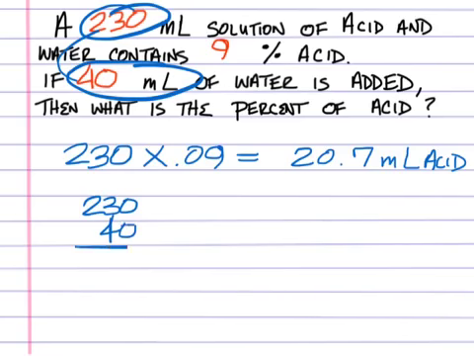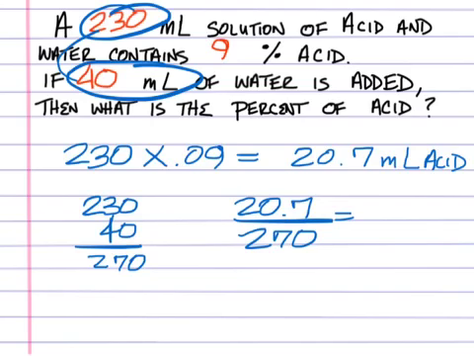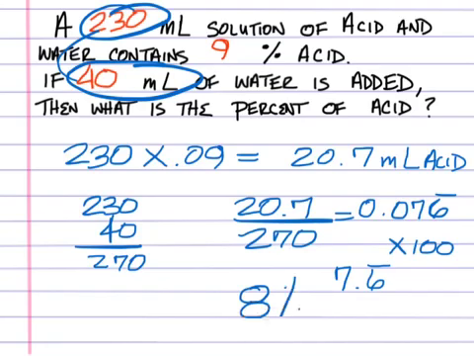So 230 plus 40 is going to be 270. 20.7 over 270 will give you the percent of acid after that addition. So 20.7 divided by 270 is 0.076 repeating. And when you multiply that by 100, you get 7.6 repeating. But you must change that to the nearest percent, so it's 8%.